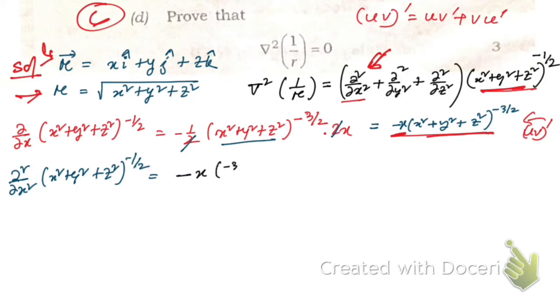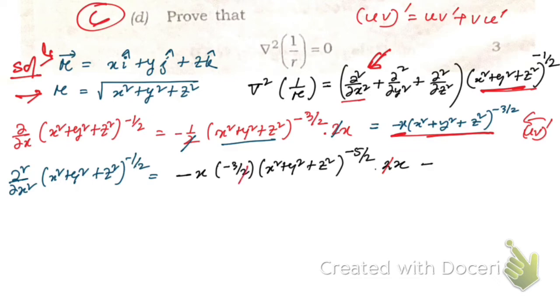Doing so, we have minus x times the derivative of this part, which is minus 3 by 2 (x square plus y square plus z square) to the power minus 5 by 2. Again, function of a function, so differentiating the terms within the bracket gives twice x, the 2 cancels.